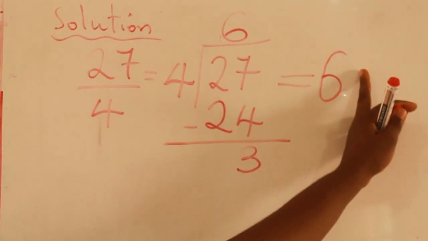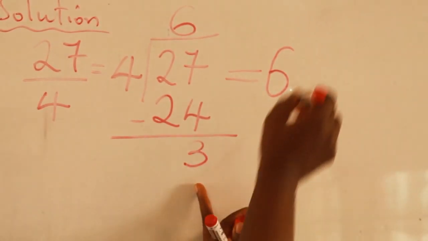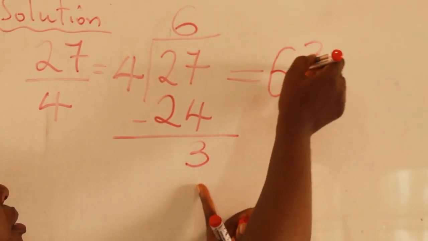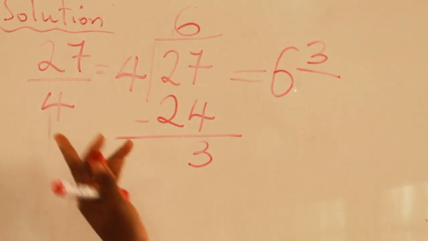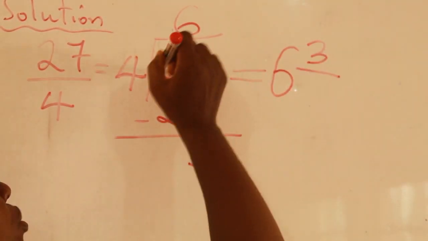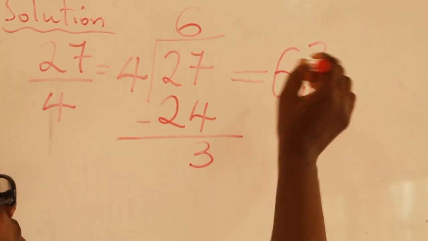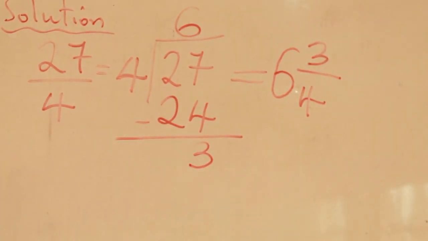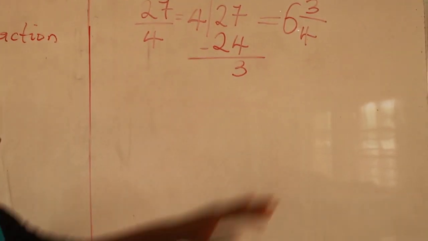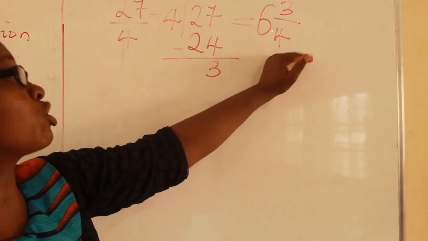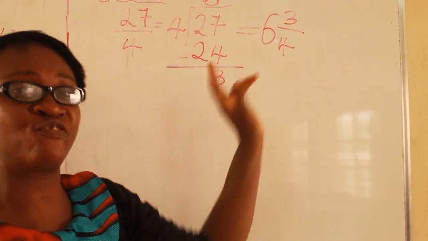And then the numerator will be our remainder, 3, all over our denominator, which we use in dividing, which is 4. All right, we've gotten our answer now, 6 whole number, 3 over 4.